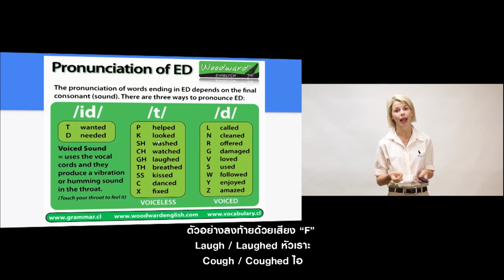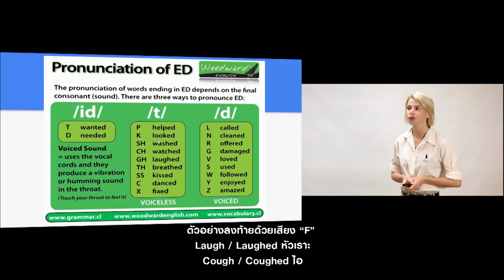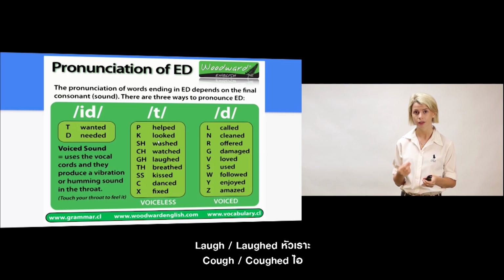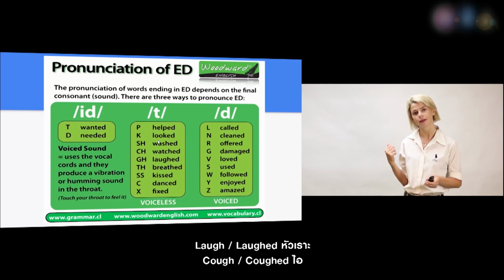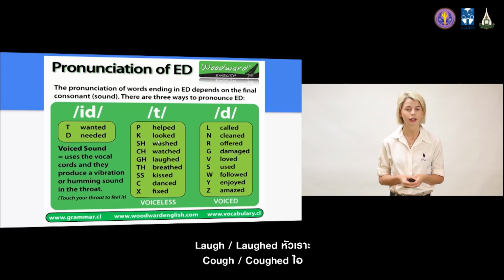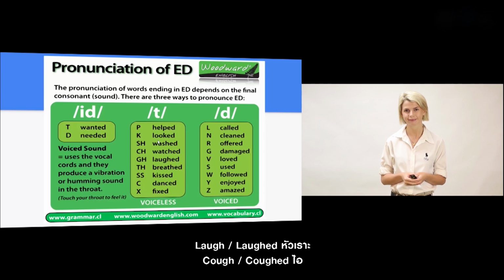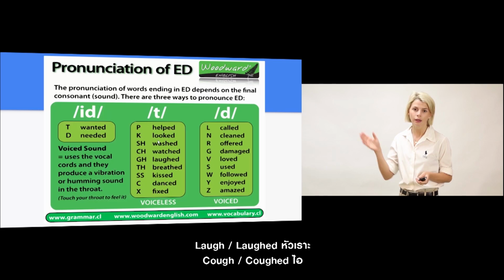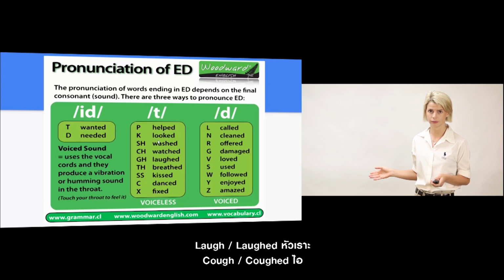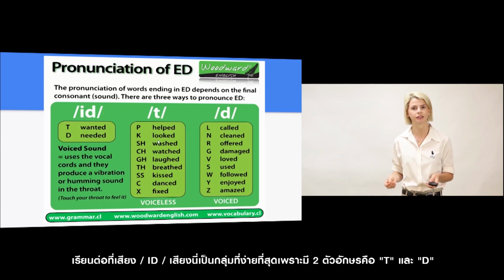GH at the end of a word makes f sound. Past tense, ft. The example, laughed. Listen and repeat. Laughed, laughed. All of these will make the t sound. You can go through and practice.